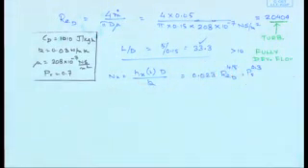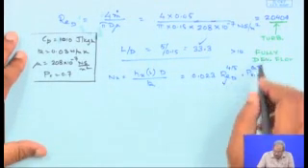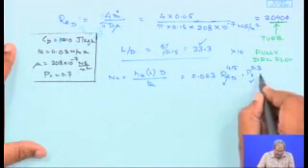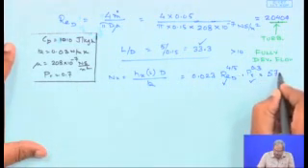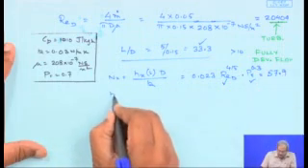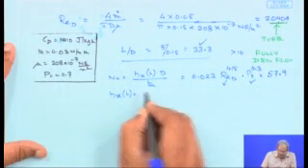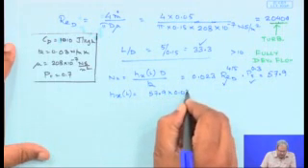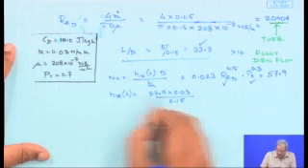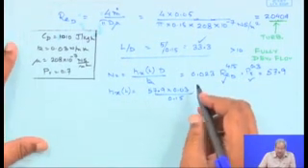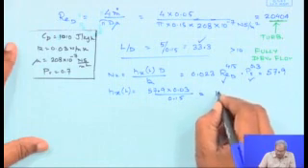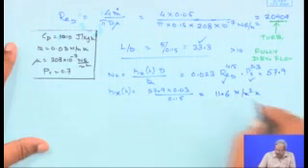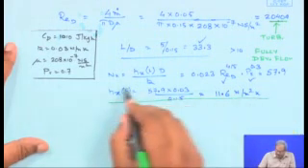When you put the values of Reynolds number in here, and the Prandtl number as 0.7, this would turn out to be 57.9. So your h_x at L would be 57.9 into 0.03 by 0.15. That's using the standard definition of Nusselt number, and this would be 11.6 watt per meter square Kelvin.